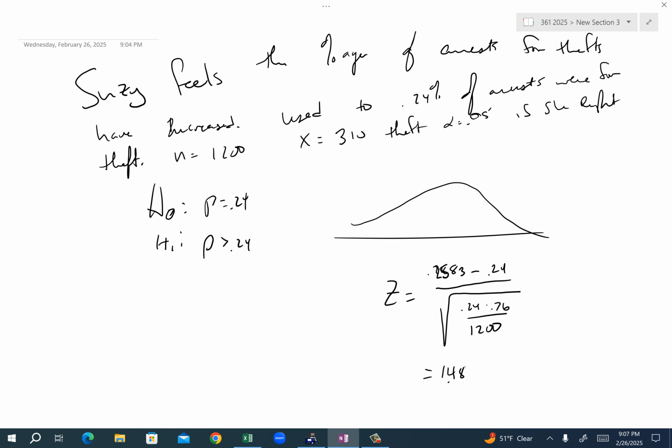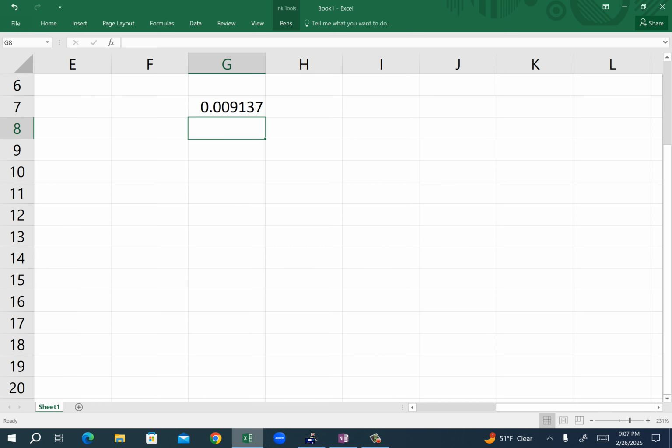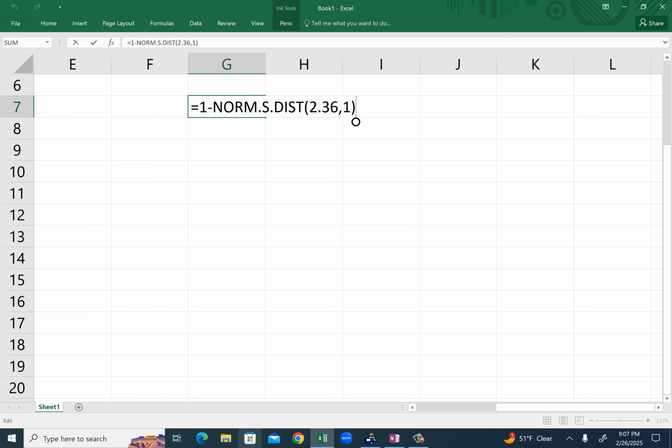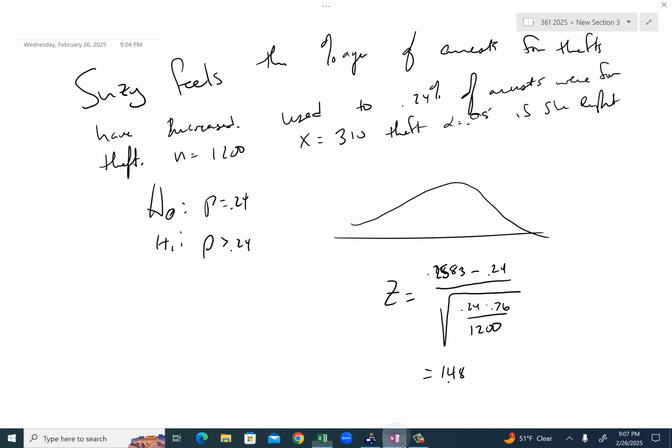Now I'm just going to say right now, I don't think that's enough. So I change that to 1.48. It's about 7%. So P is 0.07. So fail to reject H naught.